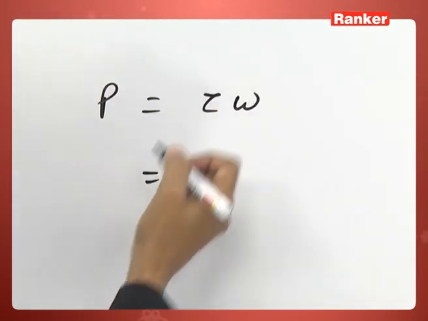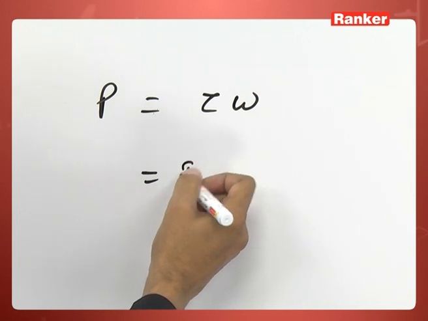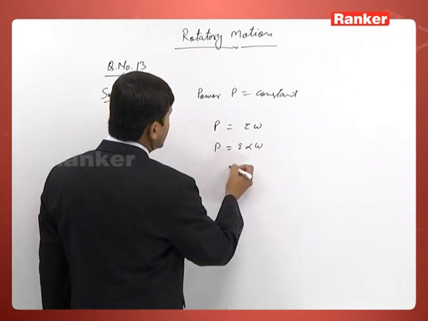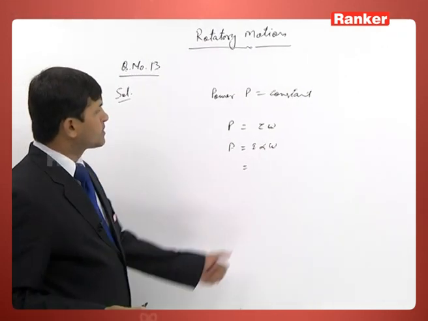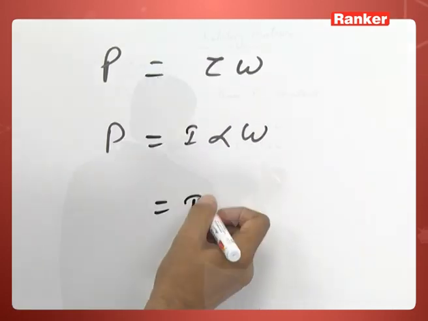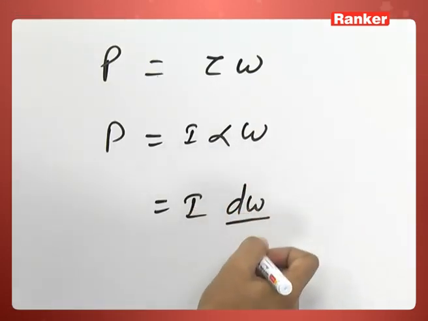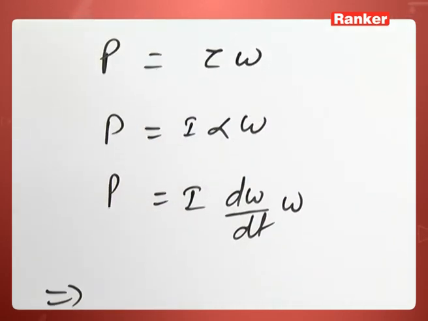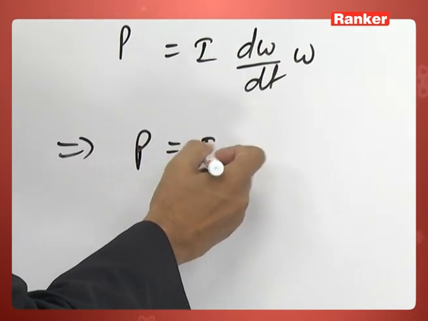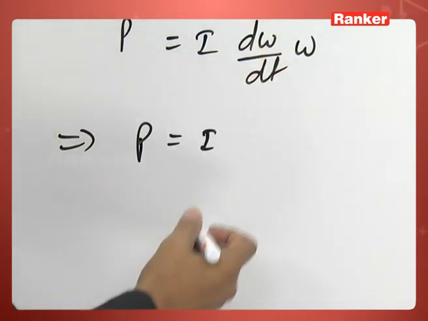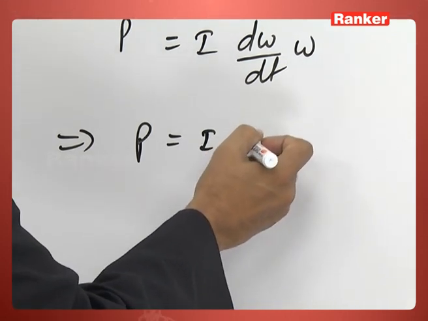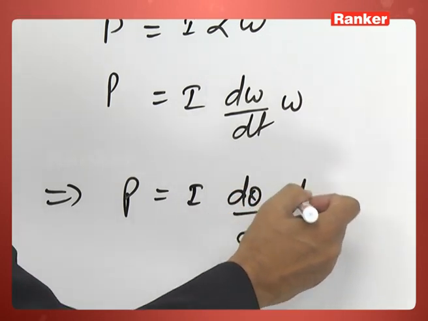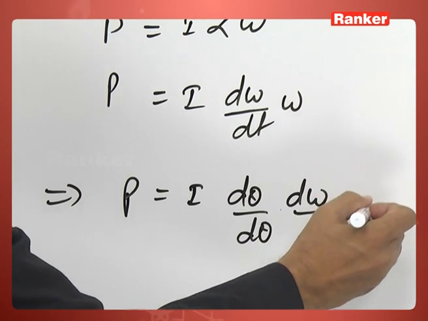So torque we can say is I into alpha, into omega, that is your power, and alpha can be written like this, d omega by dt, into omega. This further we can write I into d omega by dt, and with the number of rotations, d theta by d theta into d omega by dt into omega.